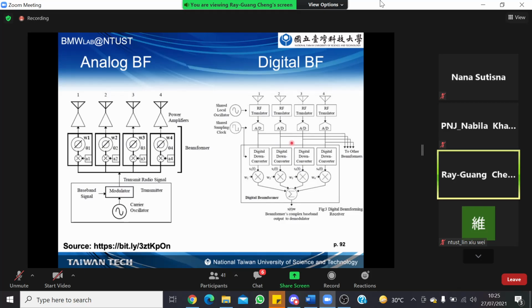For digital, here this is the modulation, this is the multiplier, and this is the modulation.